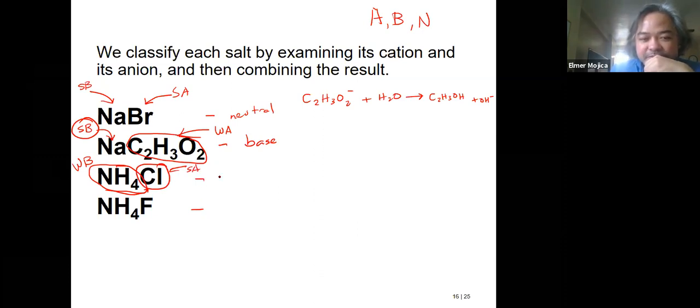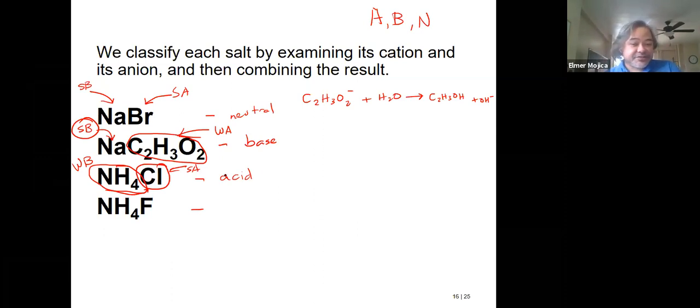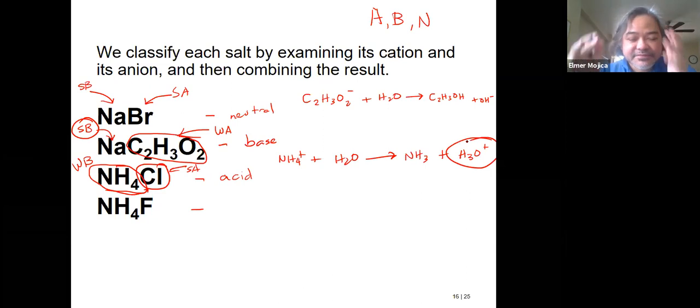So the one that came from a strong is the acid, so most likely it is acidic. Now, if you want to determine that it is really acidic, you write the hydrolysis reaction. Which one hydrolyzes? The ammonium ion. So when you react it with water, what will happen? You form NH3 and H3O plus. So that itself says that it's going to be acidic.